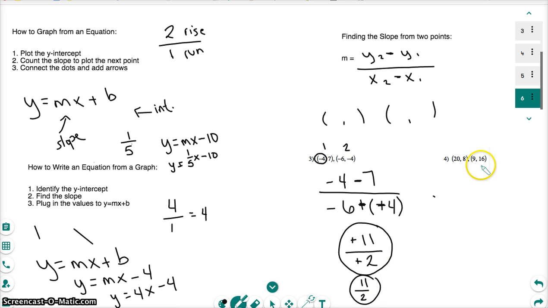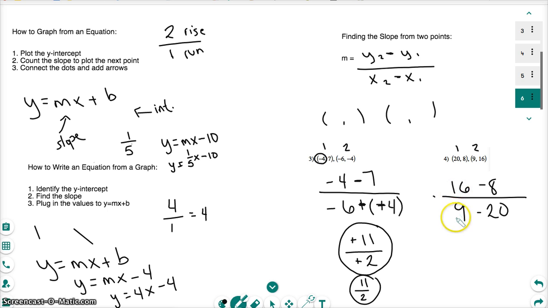Okay, then let's do this one. This one doesn't have the negative, so it'll be a little bit easier. I'm going to say this is my second set of coordinates. This is my first set of coordinates. y2 is 16. 16 minus y1 is 8 over 9 minus 20.